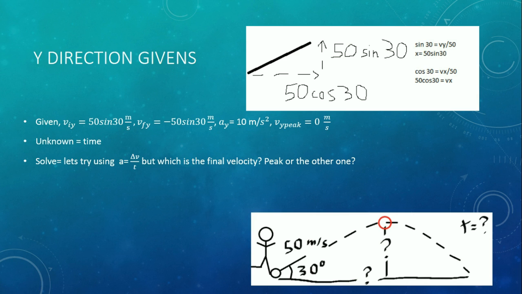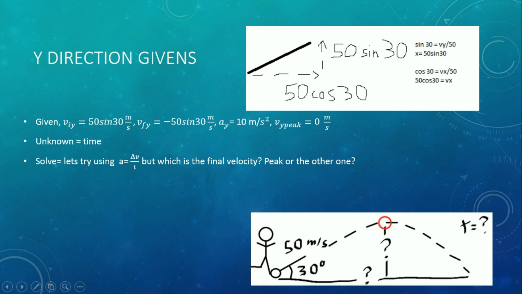But a good question is, what should we use for the final velocity? The peak velocity or the final velocity? Either one will work. This is a good question because in kinematics problems, you can change your perspective. You can call this point the initial, this point the final, or this the initial, the last point the final.